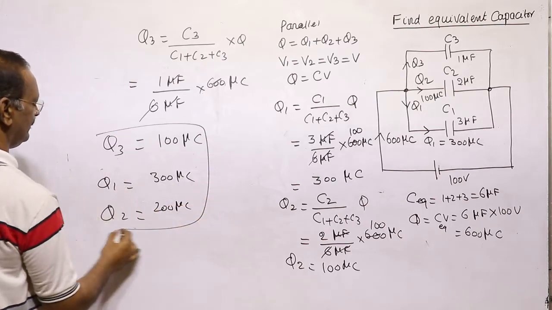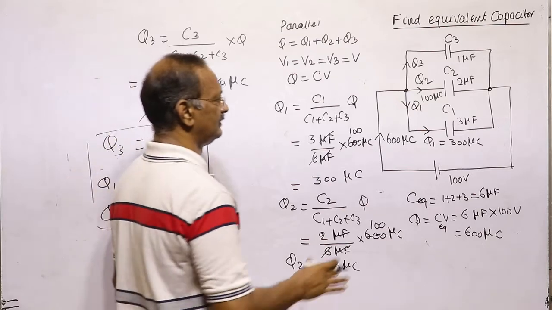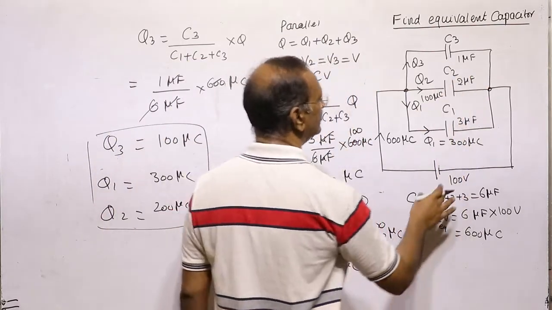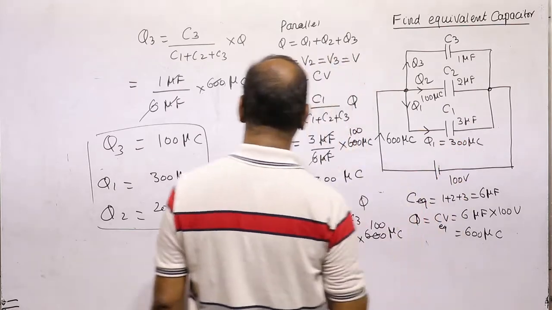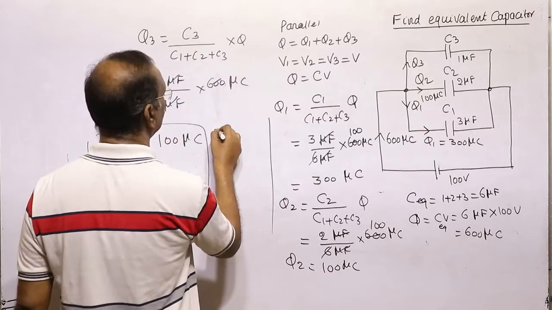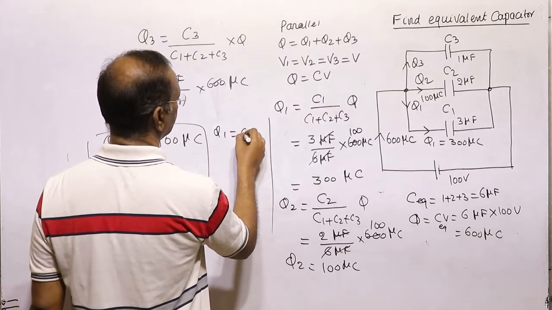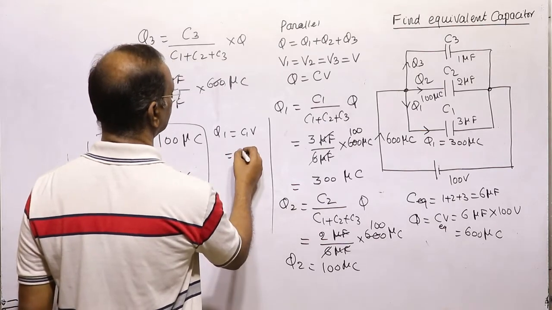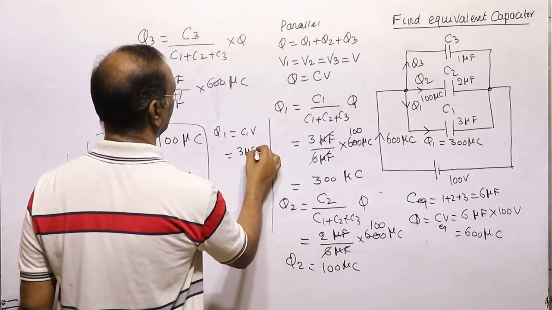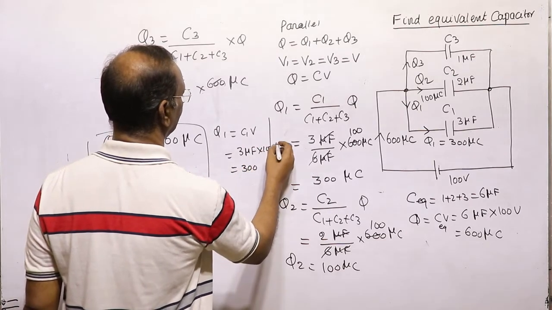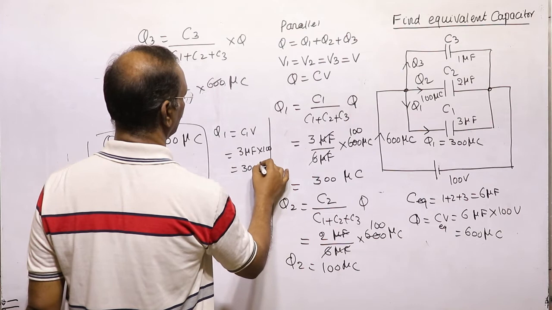We can also find them by the traditional method, because the applied voltage of 100 volt is across every capacitor. Q1 is equal to C1 into V, which is 3 microfarad into 100 volt, equal to 300 microcoulomb.